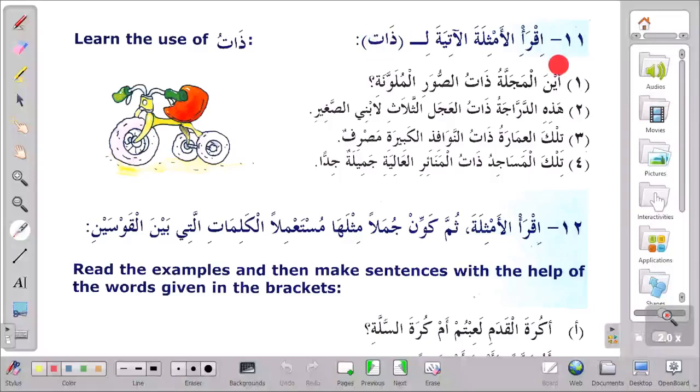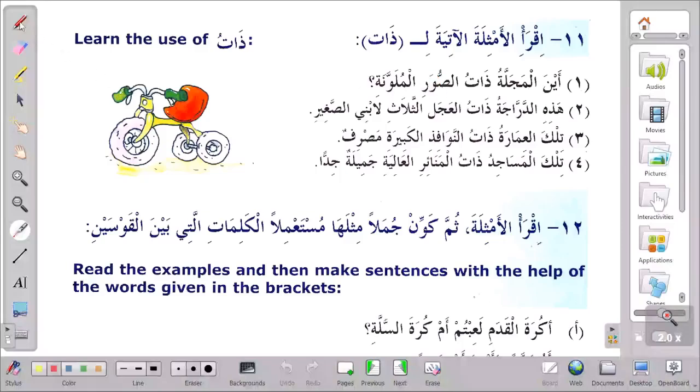Okay. So Aina al-Majallatu, where is the newspaper? Zatu suwaril mulawwanati. Suwar is what we call pictures.